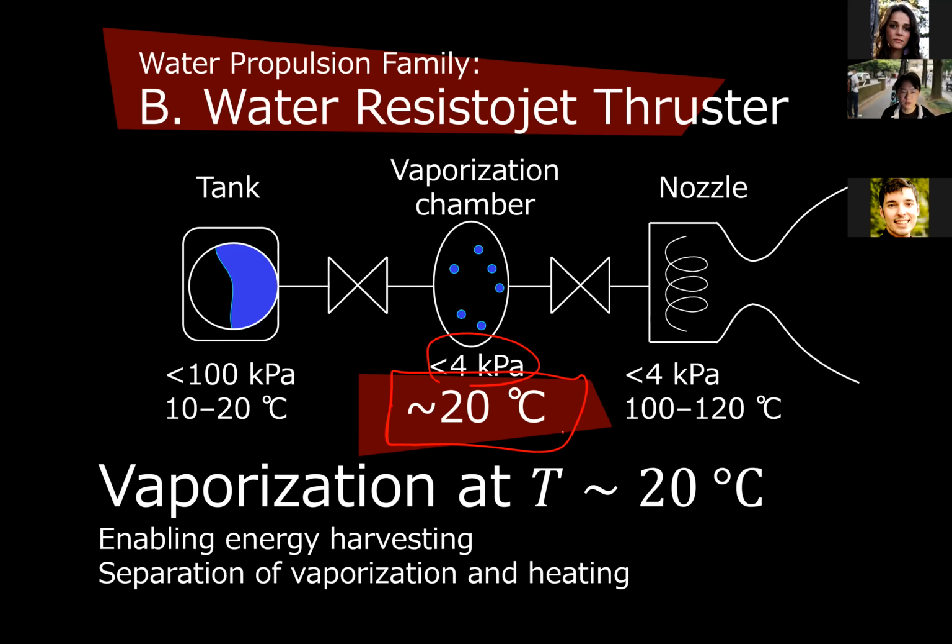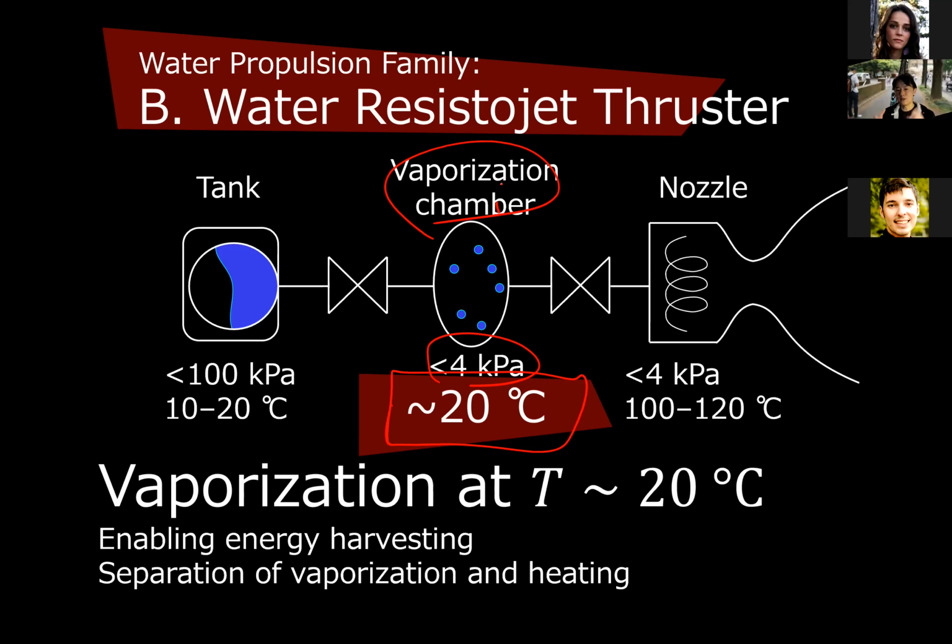The merit of this low temperature evaporation is low heat loss. If the vaporization chamber temperature is high, the heat will escape to the outside. But if this temperature is low, there is no heat loss to the outside, or maybe heat is coming from the outside.